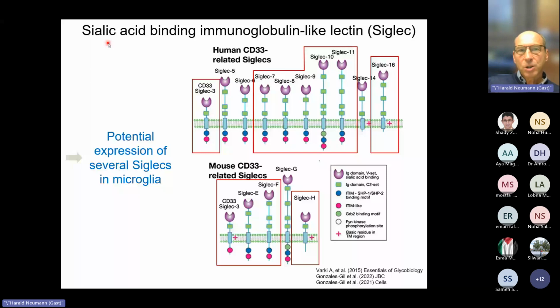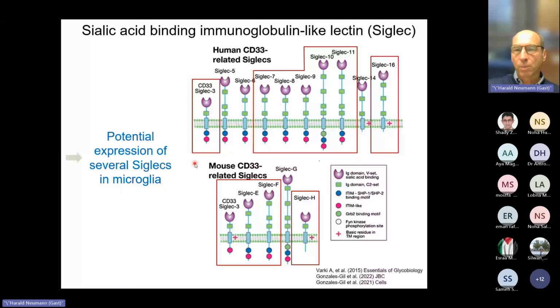In the Siglec family, which stands for sialic acid binding immunoglobulin-like lectins, we have a huge difference between species. And I'm showing here only the Siglec family, which has diverged in the different species. These are the CD33-related Siglecs, which are the most interesting for us because they normally have inhibitory signaling.